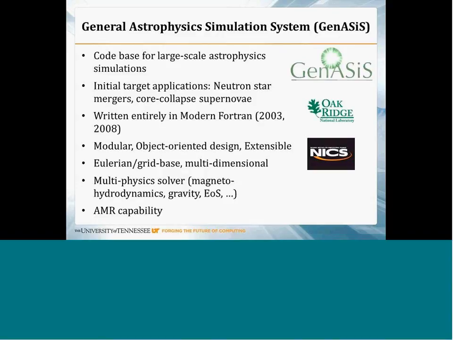It's meant to be modular and extensible, and we accomplish that by using object-oriented design. It is a grid-based code, and we have implemented some of the physics that I mentioned earlier, and we also have some initial AMR capability in the code.